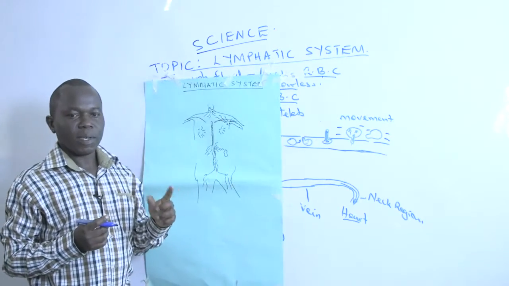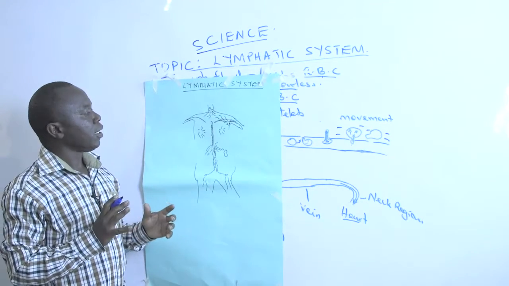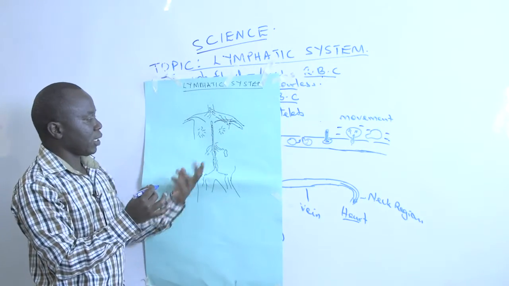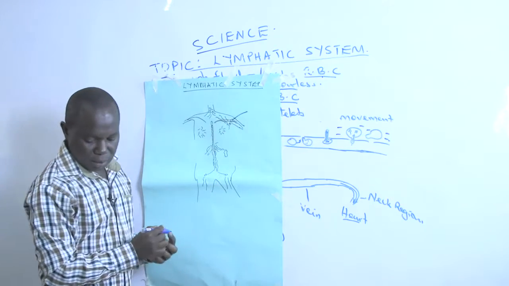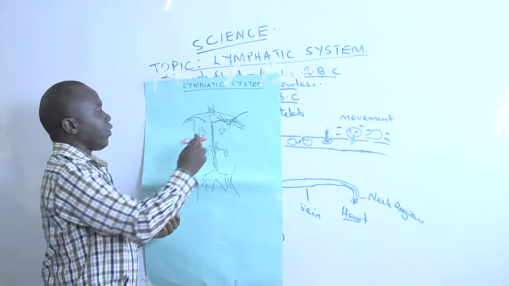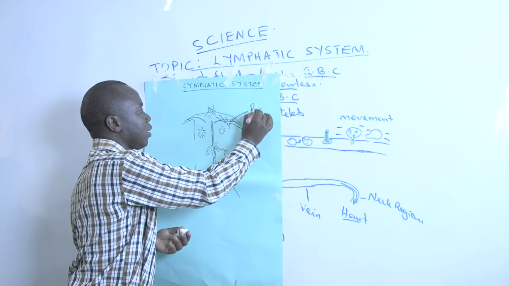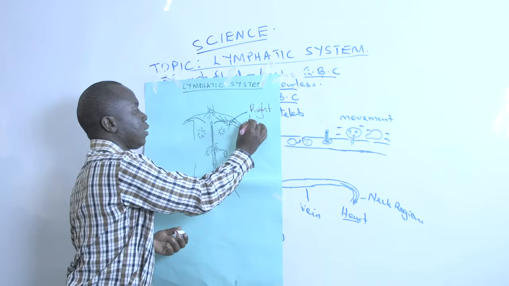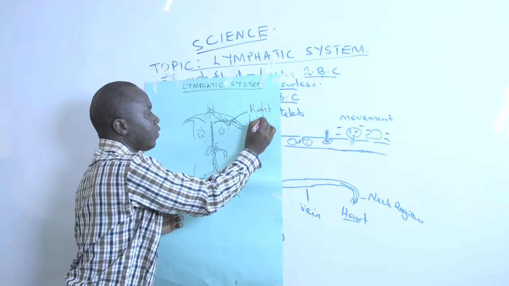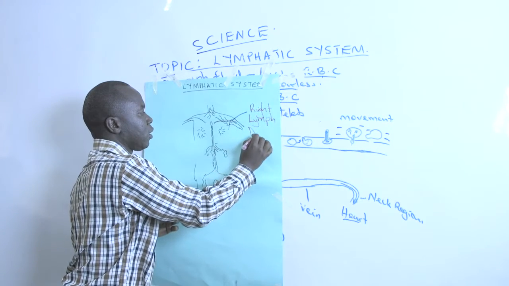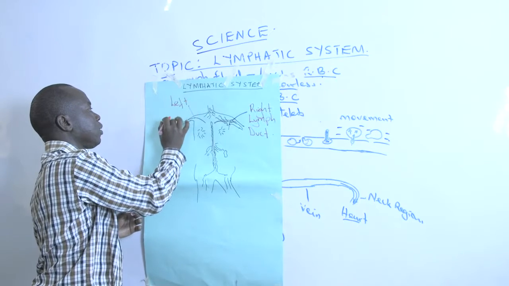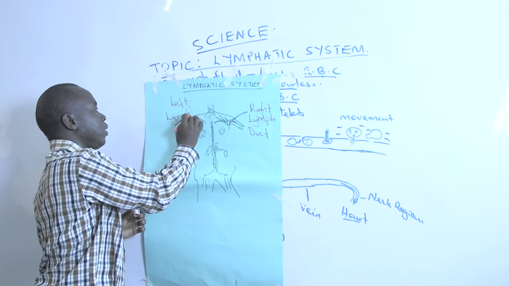So the lymphatic system, we have emphasized, consists of lymph fluid and lymph vessels. One of the major vessels is just a sketch here. We have this side called the right lymph duct, and then here we have the left lymph duct.